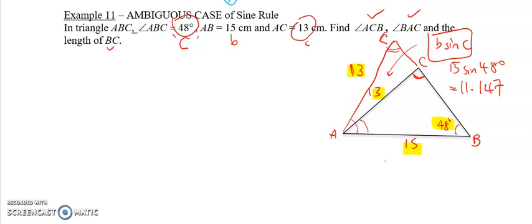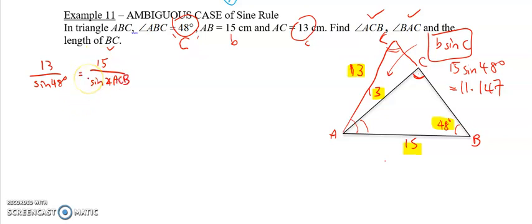So we go according to the question. Let's calculate angle ACB first, which is this one. We can use the sine rule since 13 and 48 are given, they are opposite. So 13 over sine 48 degrees equals 15 over sine of angle ACB.